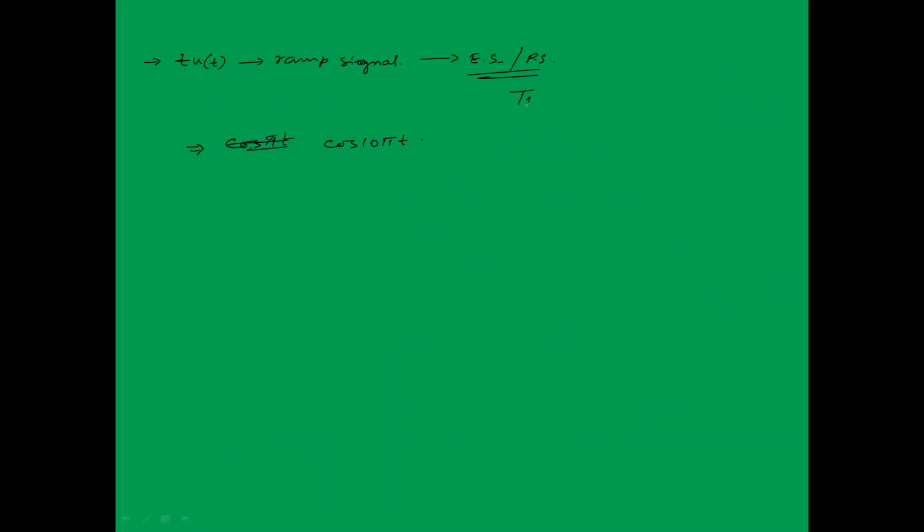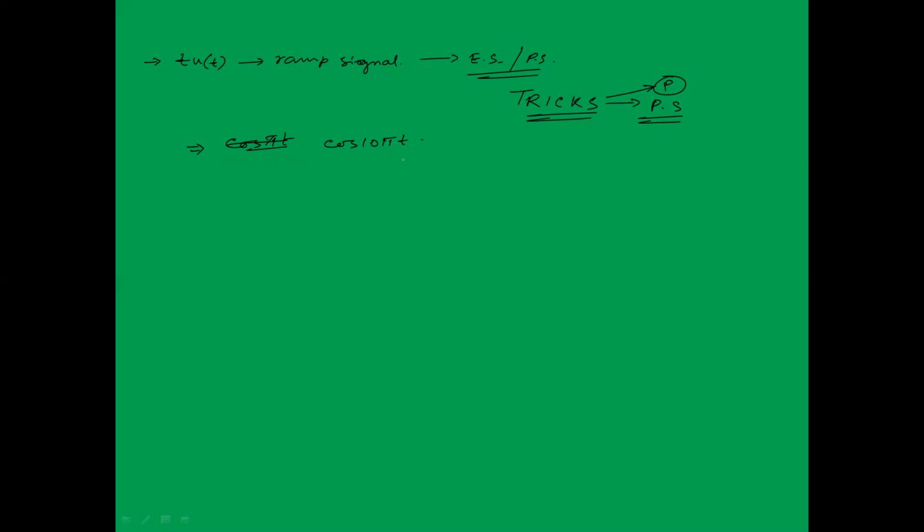Listen to this part very carefully, the trick. The trick is applicable only for power signals, or I can say the trick is applicable for periodic signals, for which we can calculate the power.